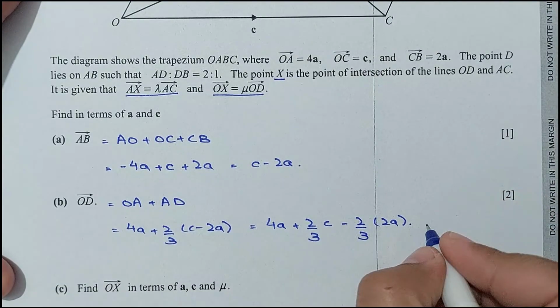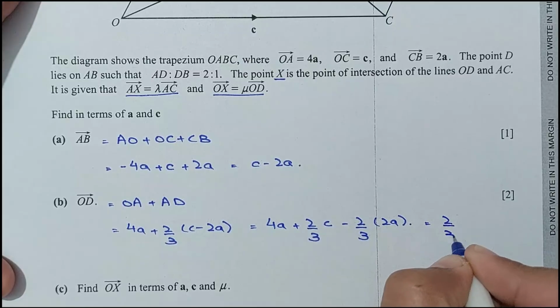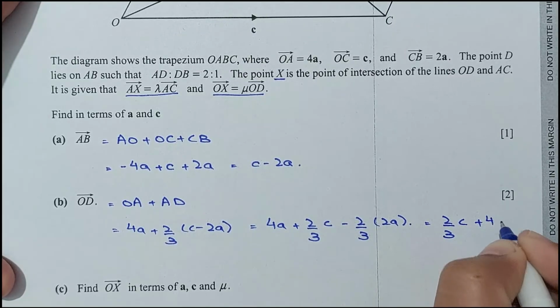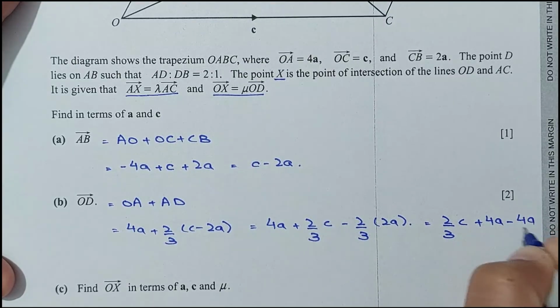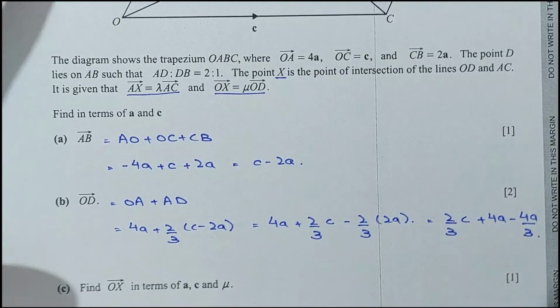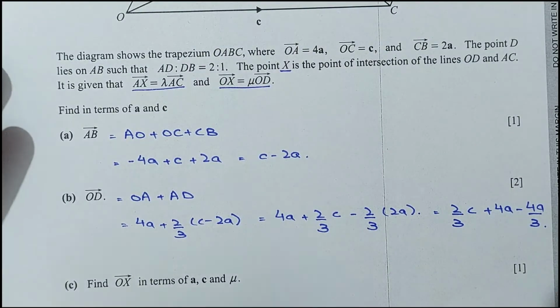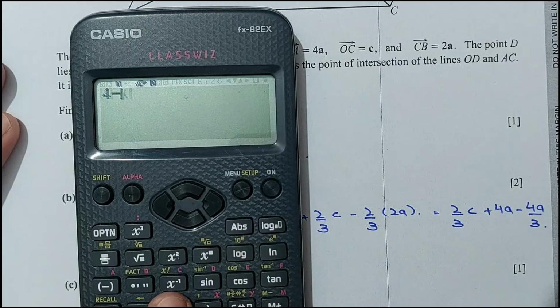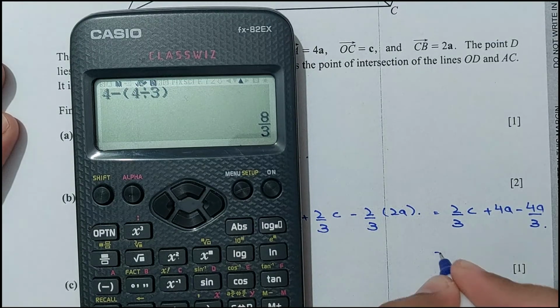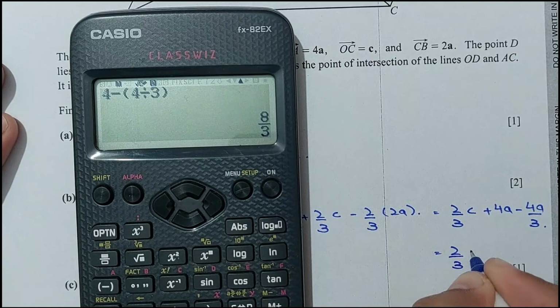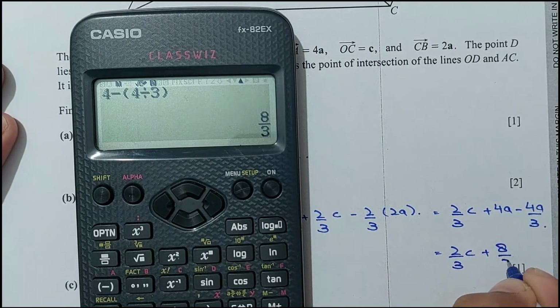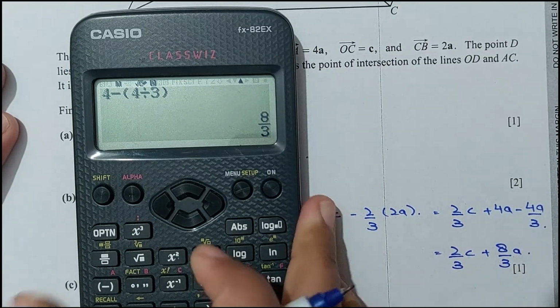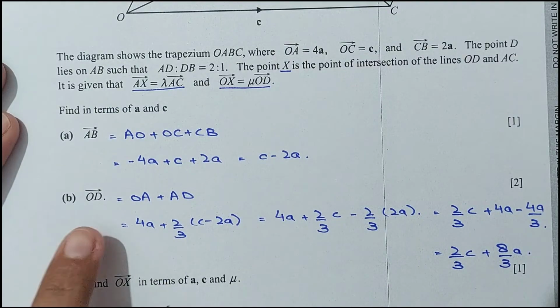Let me simplify: 4 minus 4 by 3 is 8 by 3. So 2 by 3 c plus 8 by 3 a. This is OD.